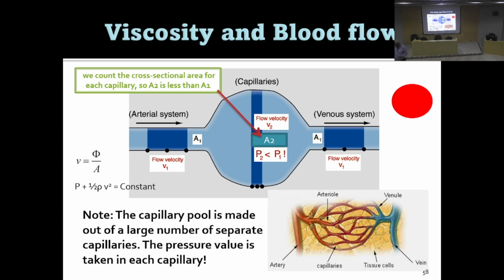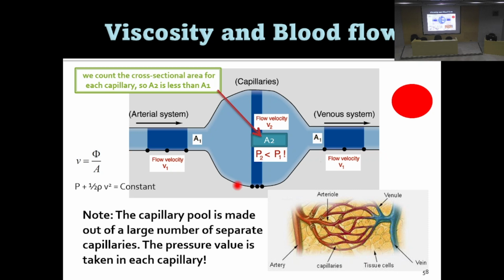You can find about millions of capillaries in your body. So you represent all million capillaries here. So we're not taking the cross-section area of one capillary, we take the cross-section all together.